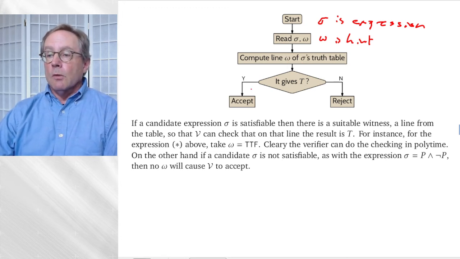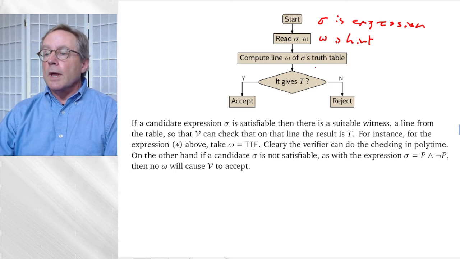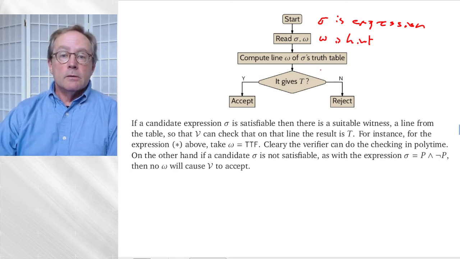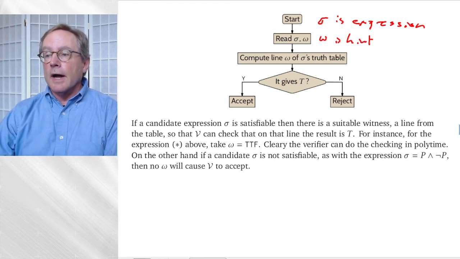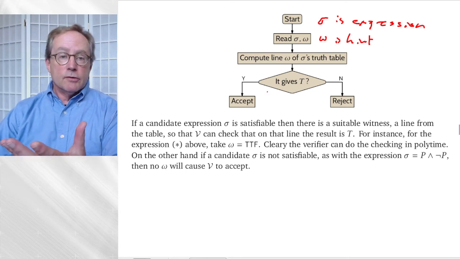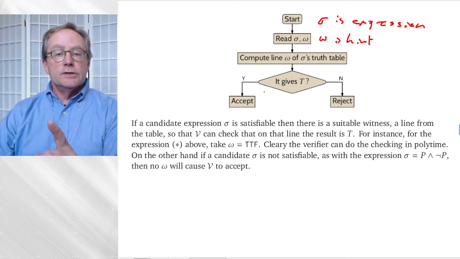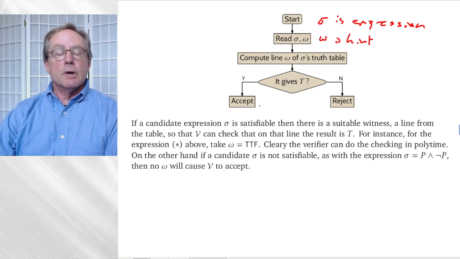Does it give T? Why, yes. Does it not give T? Reject. So if you got a hint omega, you could, in polynomial time, verify it and accept the pair sigma comma omega. So if there exists an omega, if there is a line in the truth table, then this will, in polynomial time, accept sigma comma omega.